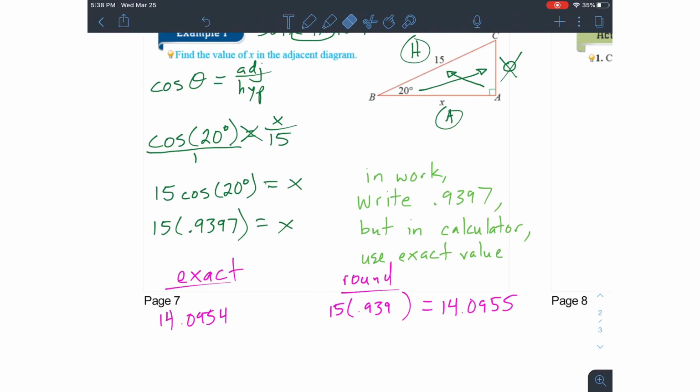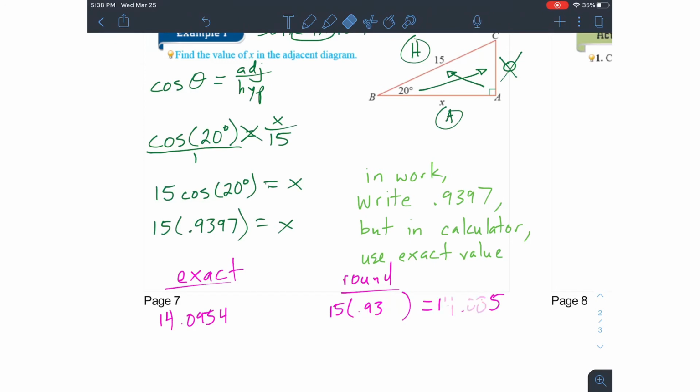But let's say you remove one of the decimal places and then you calculate it. Now you're telling me 0.939 times 15 is equal to that. You get 14.085. Now you're 1/100th off from the correct answer. That's still kind of close, but not as good. Let's say you get lazy again.